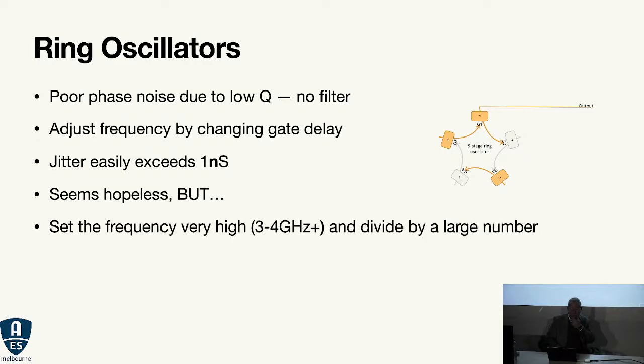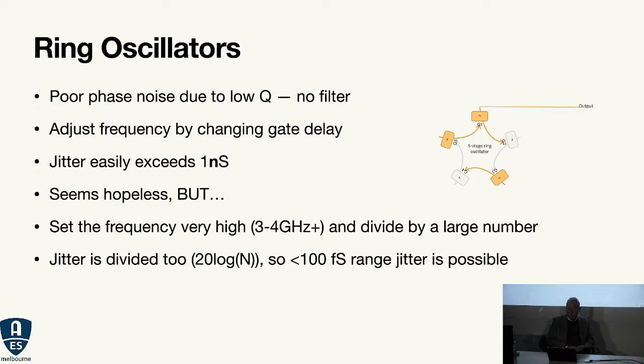But if you set the frequency of this thing very, very high, well above your microwave oven here, and you divide it by a large number, then the jitter is divided just like the frequency is, and it's actually quite easy to get less than 100 femtosecond jitter out of an oscillator like that.